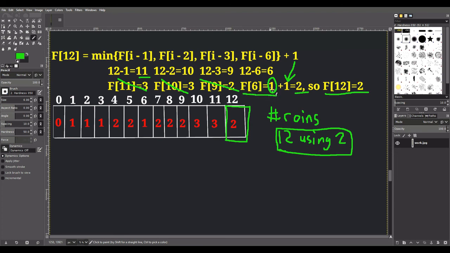And keep in mind that it is possible to have multiple ways to get the final intended amount at the end. So in this case, if we have 2 of these 6-piece coins, then we'll end up with 12.